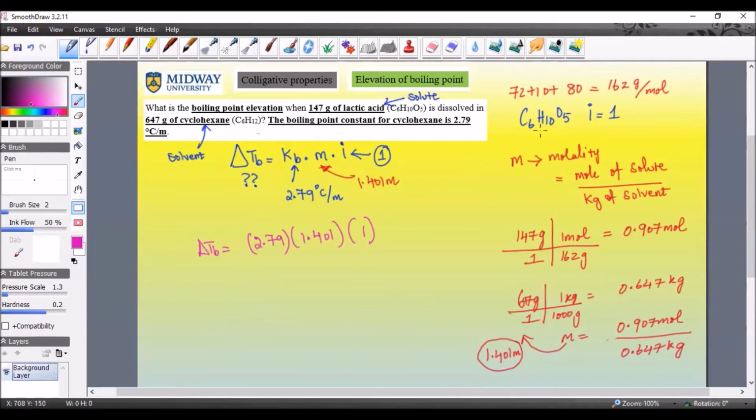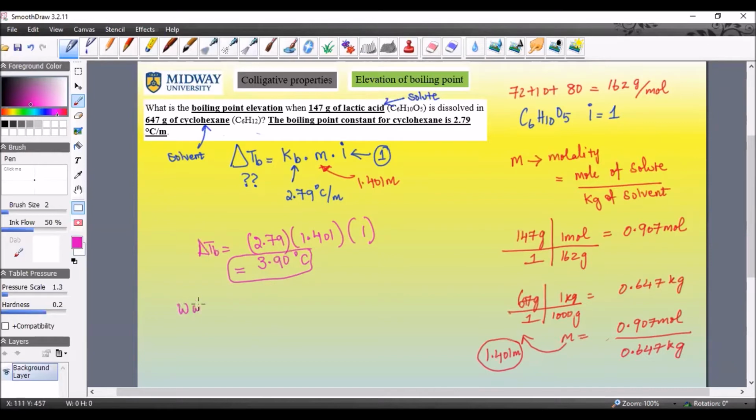I don't think any of these are metals. They're all non-metals, so i happens to be 1. So if we solve all this, 2.79 times 1.401 times 1, the elevation of boiling point is 3.90 degrees Celsius.